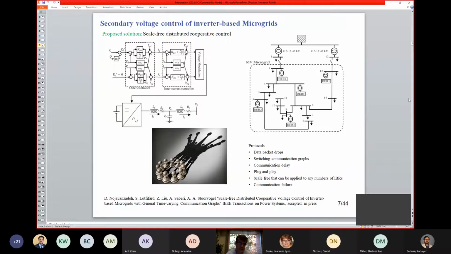That was basically the main contribution here: how to control these inverters independent of the system. They just need to exchange a few pieces of information with neighboring controllers, and we proved that they get the same result as if you had a centralized controller.